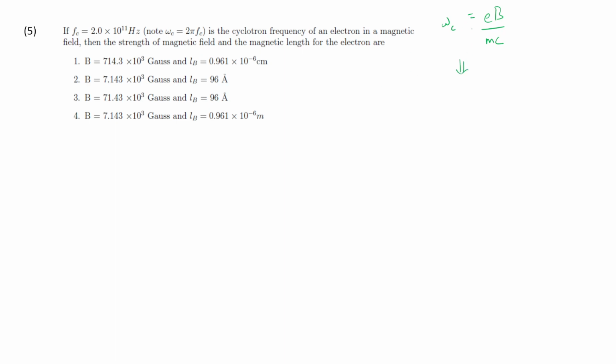This is the formula we have to use, and fc is given. We put fc here to get omega c, which will be eB over mc. We have to find the strength of the magnetic field, basically B. B is equal to omega c mc over e.